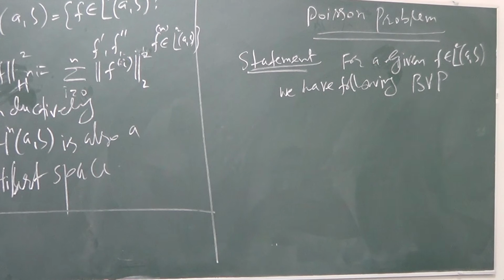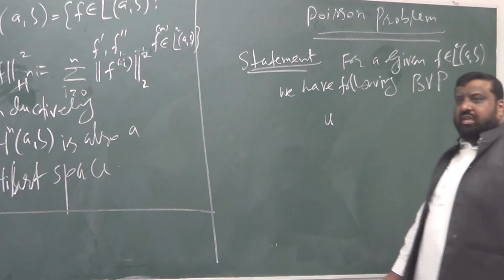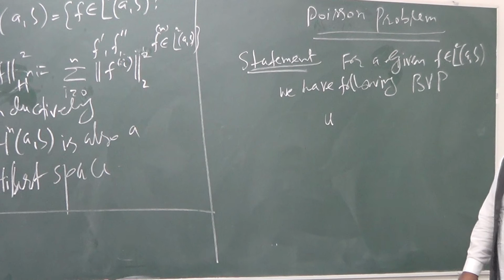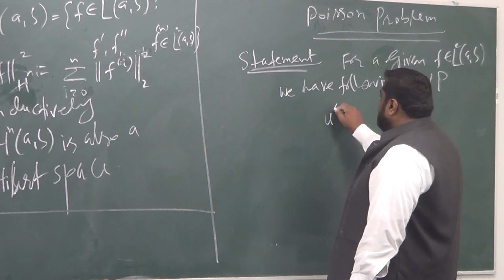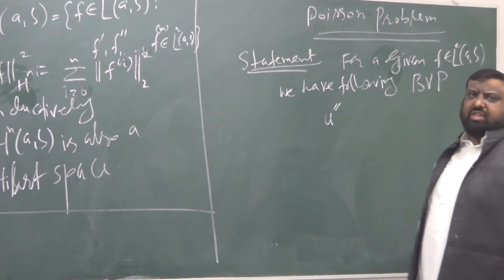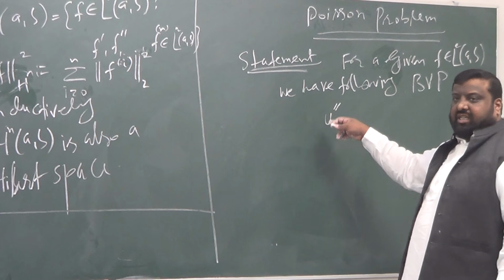We want a u in some suitable space which satisfies the Poisson equation. The Poisson equation is the second order derivative, for example in one dimension; in two dimensions it is going to be the gradient, which I will also talk about.